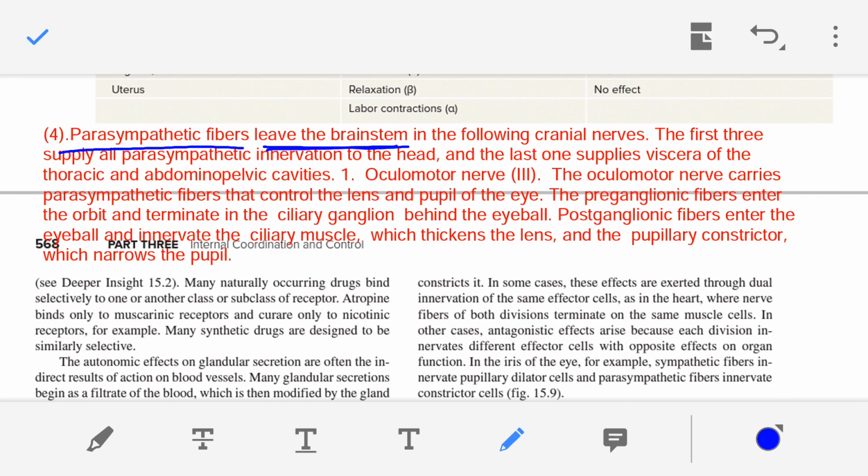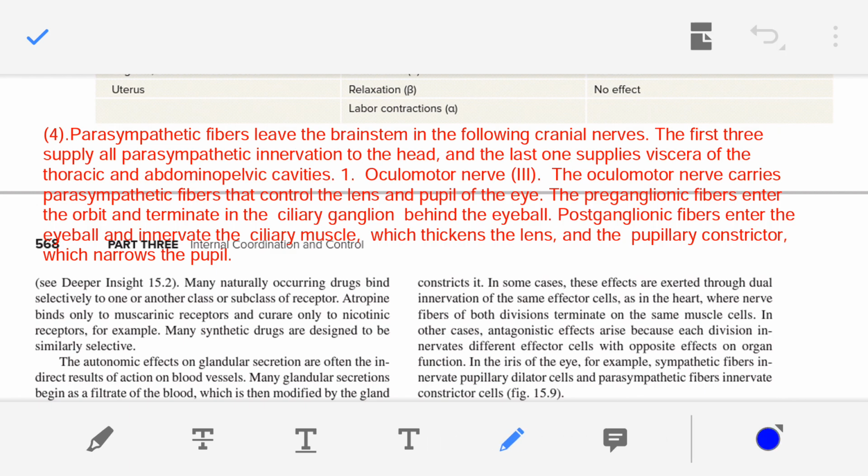These fibers follow cranial nerves, meaning they merge and combine with a particular cranial nerve, and then they travel along in our body.